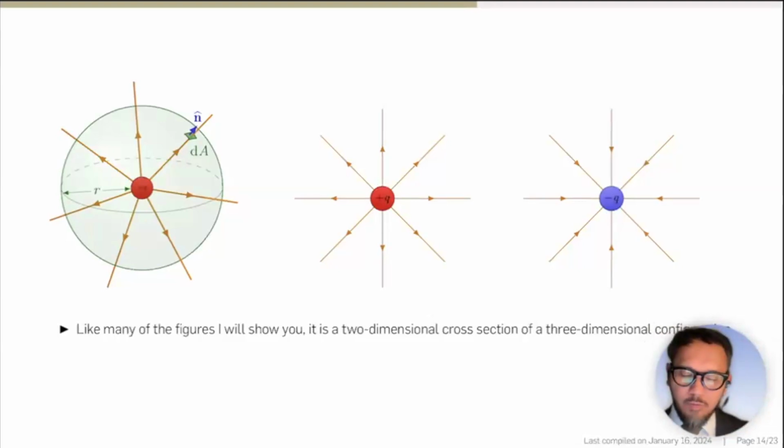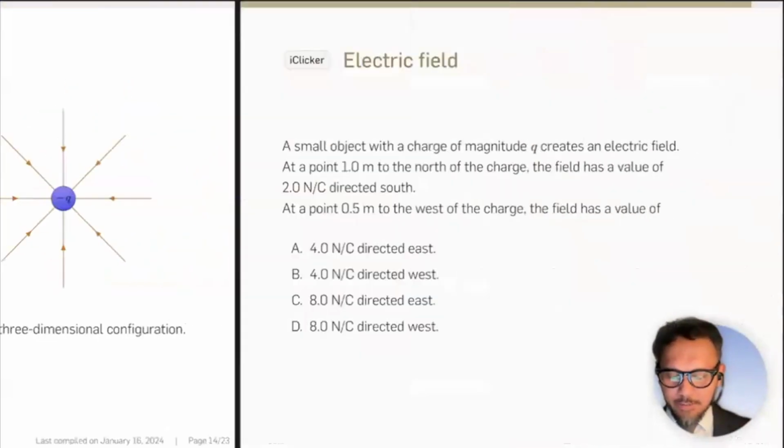So for example, if you have half Q, then instead of drawing 8 lines, you draw 4. If you want to represent the field that 10Q generates, then the number of lines should be 8 times 10. Okay, and that is important because these field lines represent, one, the direction, and second, also the intensity.